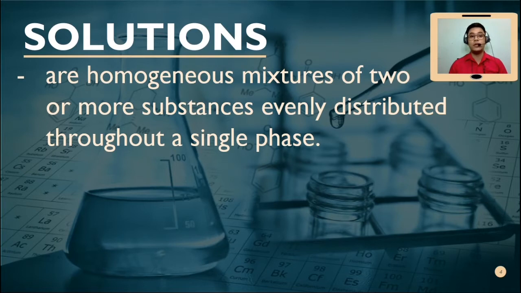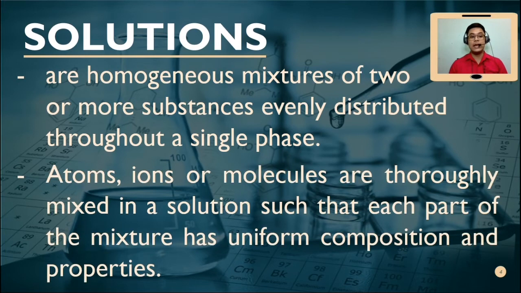So we have the heterogeneous and the homogeneous mixtures, and homogeneous mixtures are also called solutions. Atoms, ions, or molecules are thoroughly mixed in a solution such that each part of the mixture has uniform composition and properties.